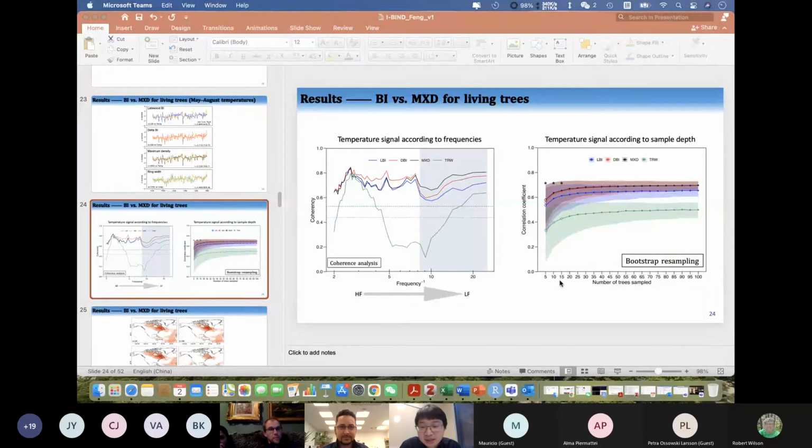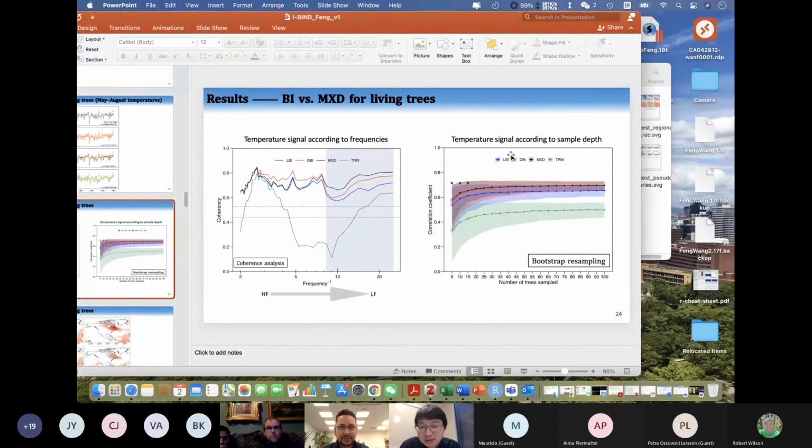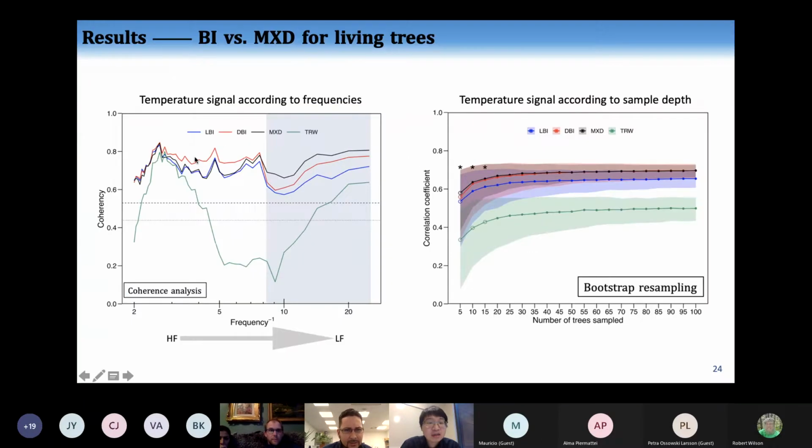Okay, maybe I will show my slide again, just to check. Do you mean this slide? Yeah, exactly. In fact, the medium frequency signal is improved for the delta blue intensity data. I found that at high frequency, the earlywood blue intensity is negatively related to ring widths.